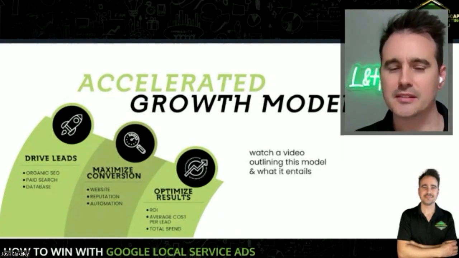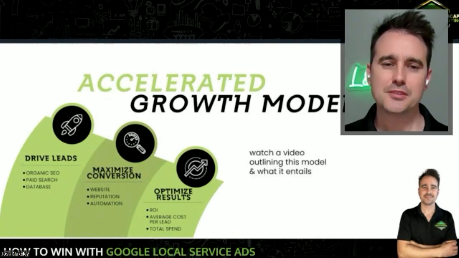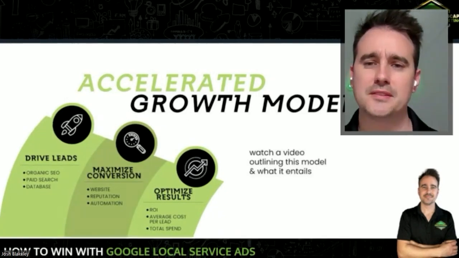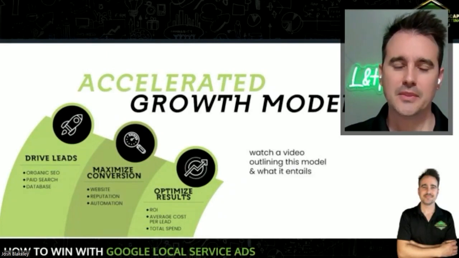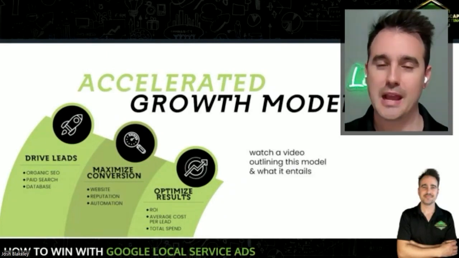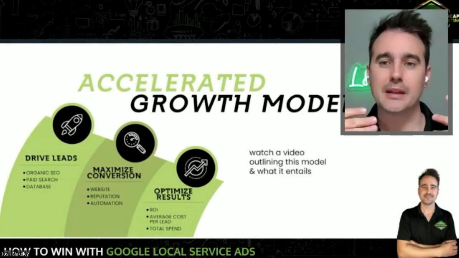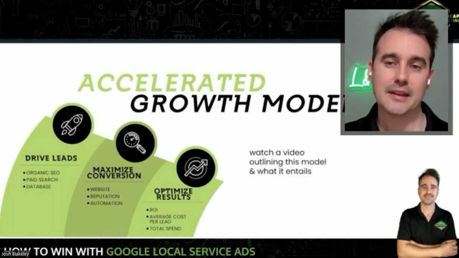The key channels there are organic SEO, paid search, and your database. Within this, Google Local Services ads fall into the paid search category. These are what show up when people are searching on Google and see these businesses listed there.